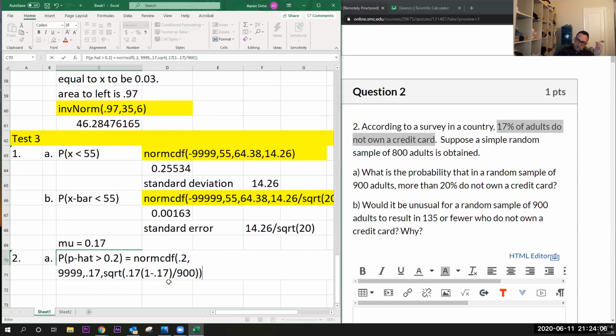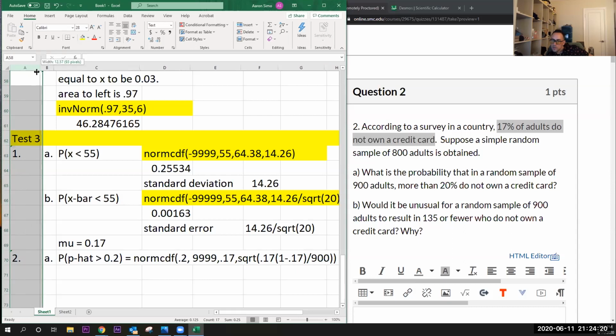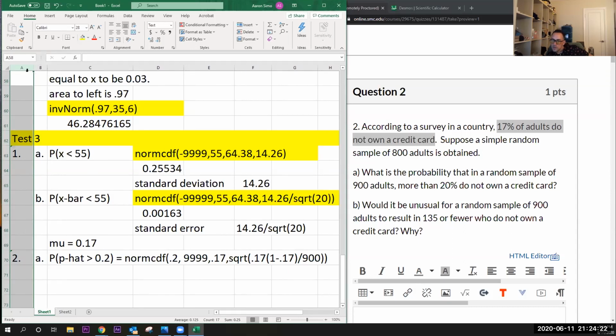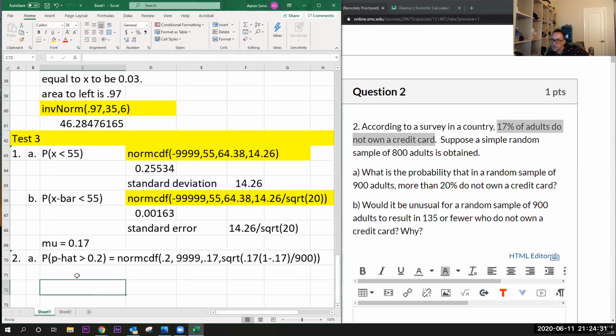That's what I'll plug into norm CDF. So all I'm doing is norm CDF of a proportion.